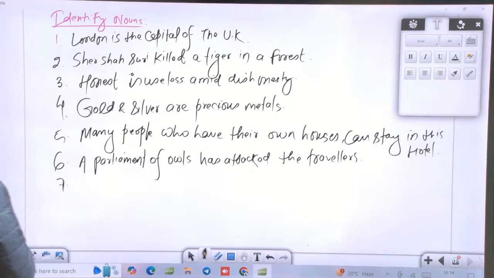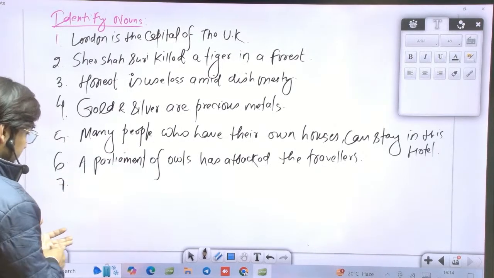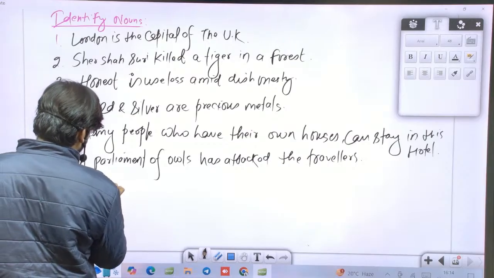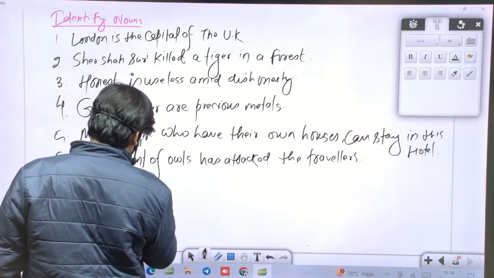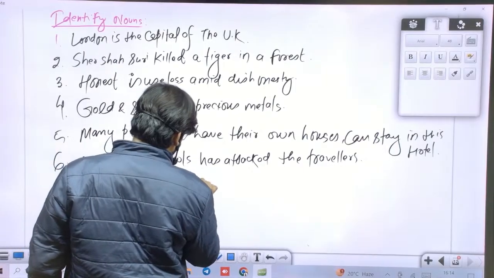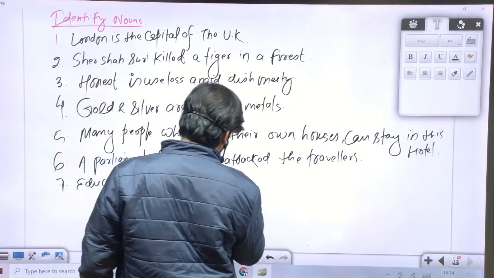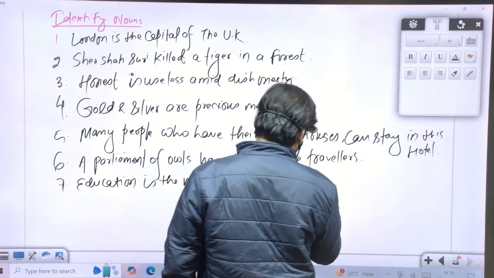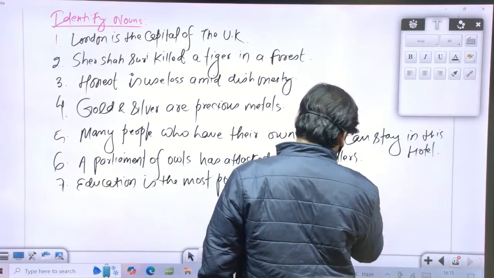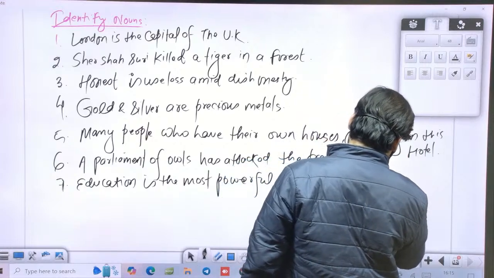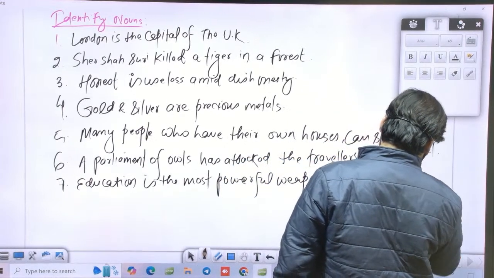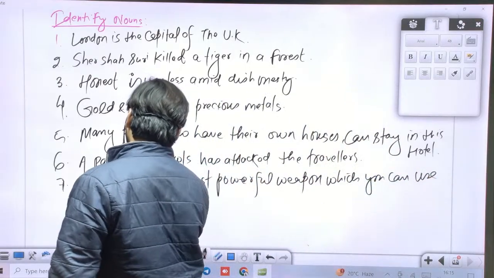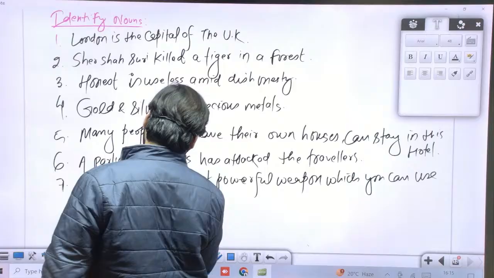Question number seven is: Education is the most powerful weapon which you can use to change the world.